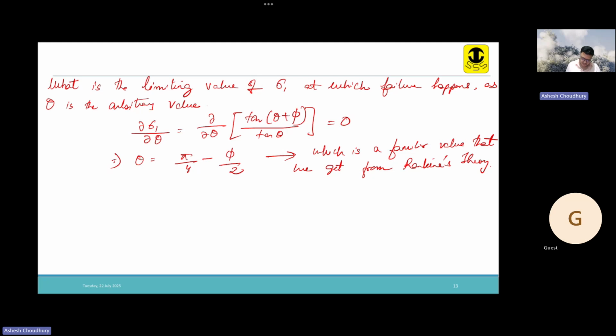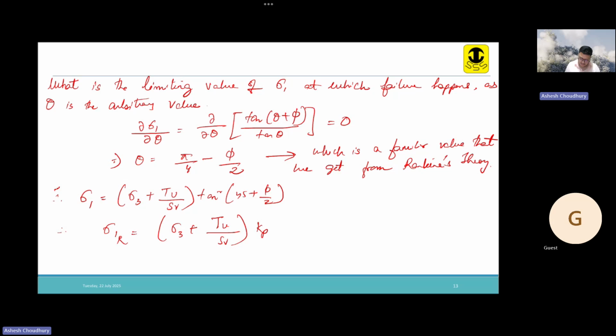Now substituting this in the equation, we will get, therefore, sigma 1 is sigma 3 plus Tu by Sv into this. Okay.